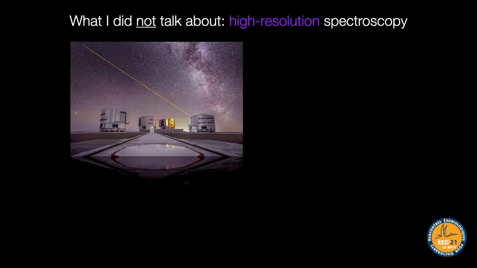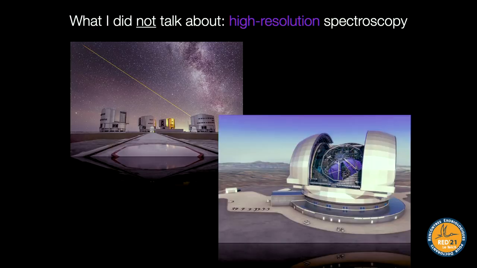And just to end, I want to mention what I did not talk about, which is high-resolution spectroscopy that is done right now, for example, with the VLT, and that's going to have a big push when we are able to use the ELT, the Extremely Large Telescope, which is going to be put online in a few years.